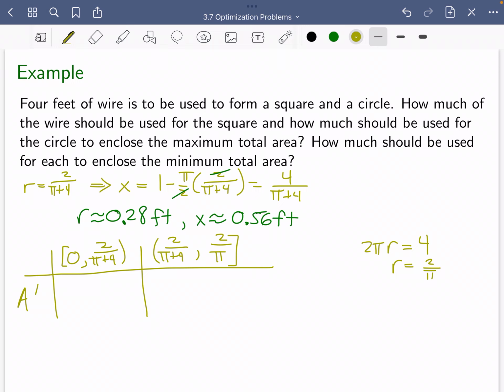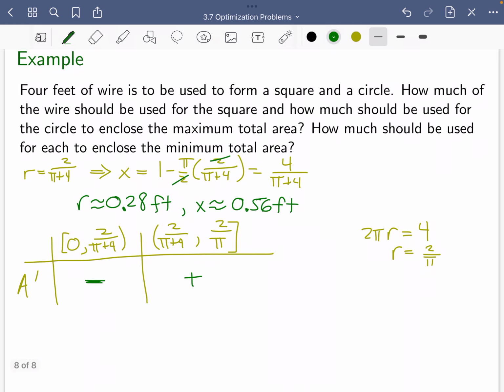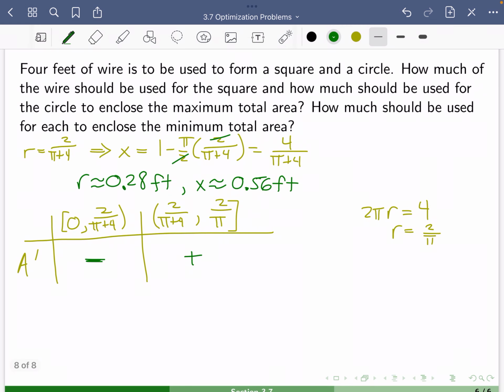So those are the values that will make sense. We observe on this when we do our sign chart. If you choose something between 0 and 2 over pi plus 4, you'll get a negative output, and then you get a positive output. So at 2 over pi plus 4, we are at a minimum.